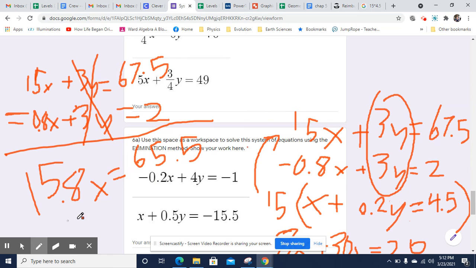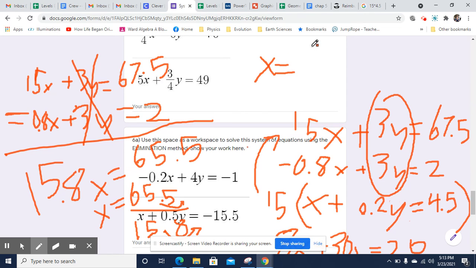We'll end up with x equals this kind of messy form, 65.5 over 15.8. Okay, now make it a neat and tidy fraction. I'd probably move my decimal over 1 here and here, multiplying top and bottom by 10. So I ended up with x equals 655 over 158. All right, that's neat.